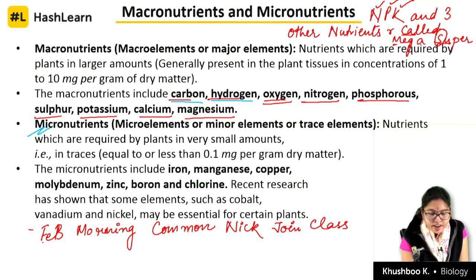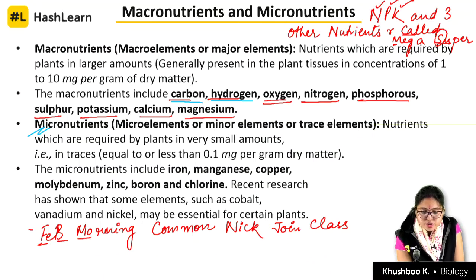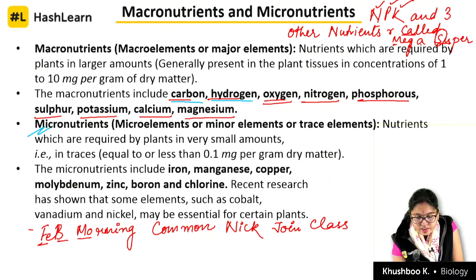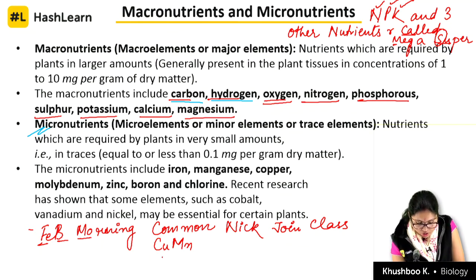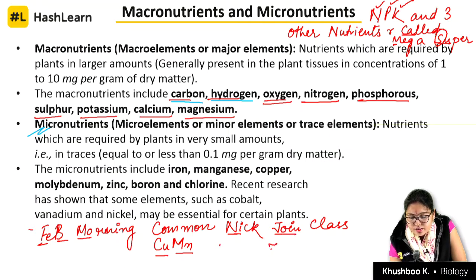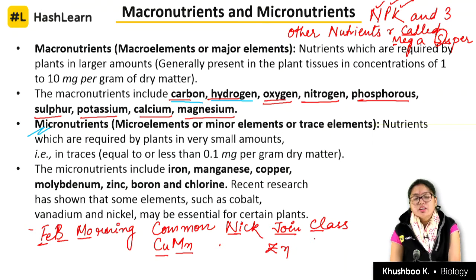Okay, so in this Fe is for iron, B is for boron, Mo is for molybdenum, and then the common word has actually come from this CuMn. So Cu is copper, okay, and then Mn is the manganese, and then Ni is for nickel, zinc, and Cl you have the chlorine.